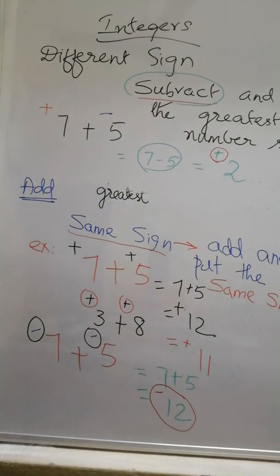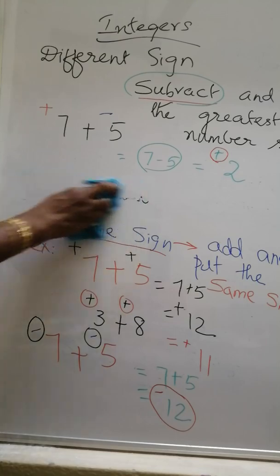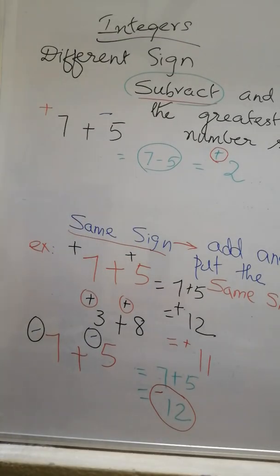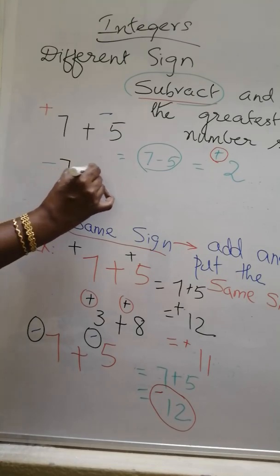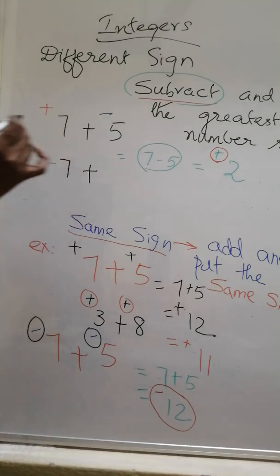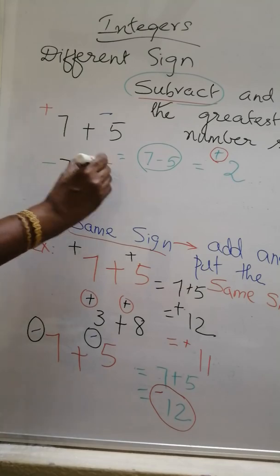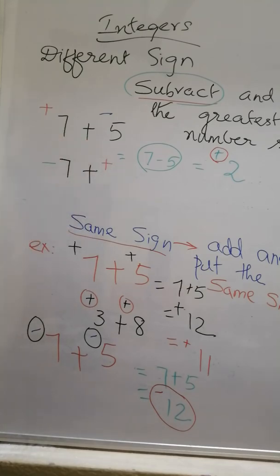Now, if the case is different, now see, negative 7 plus positive 5. What happens?